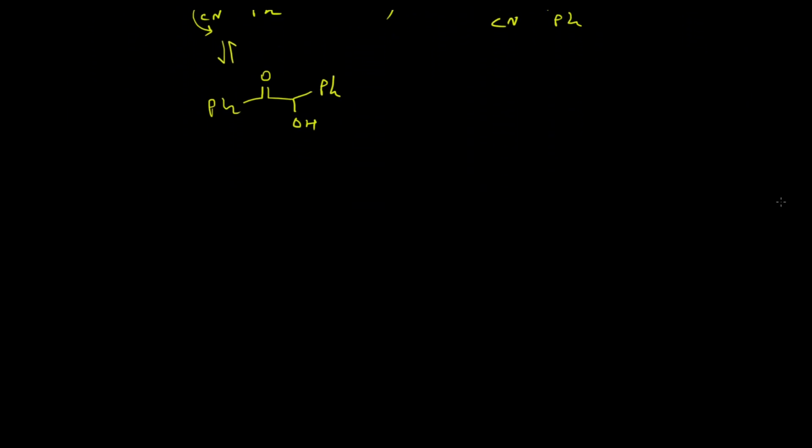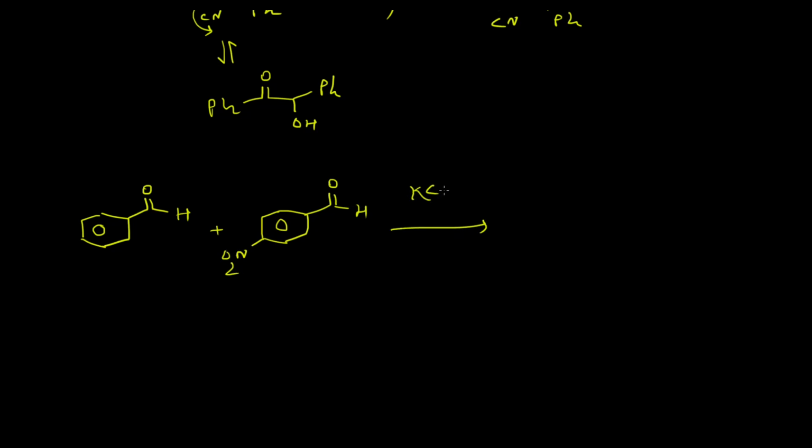Right? Now if we consider a mixed benzoin condensation reaction, where two aldehydes are applied during the reaction, one aldehyde is benzaldehyde, and another aldehyde is para-nitrobenzaldehyde, and we perform the benzoin condensation reaction, then different products will form.